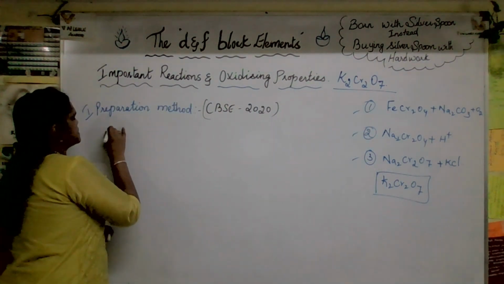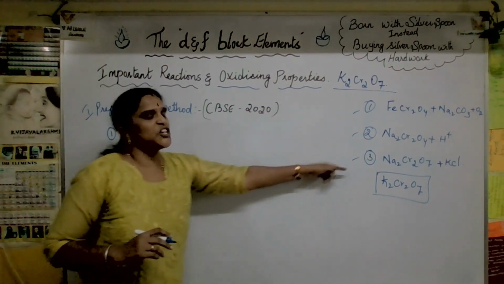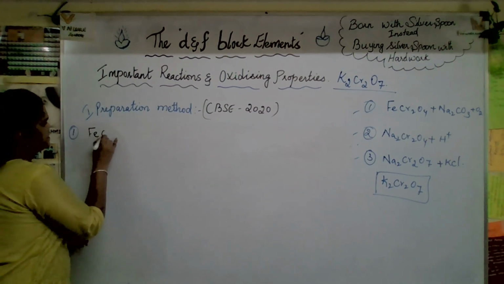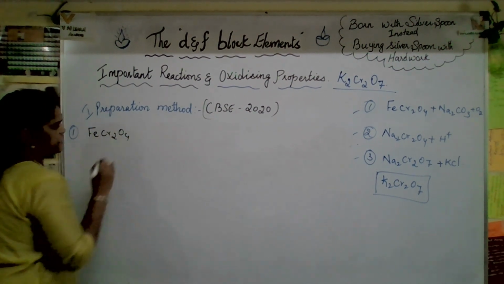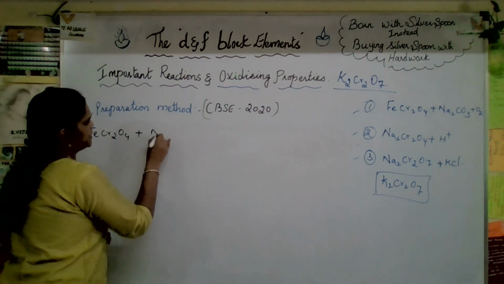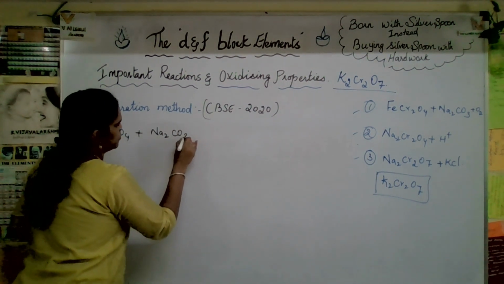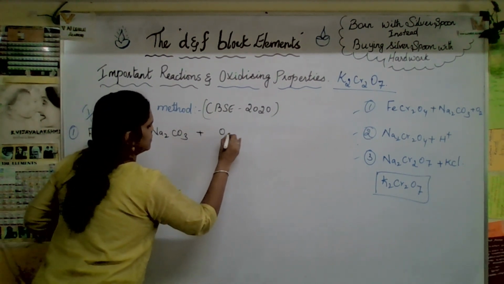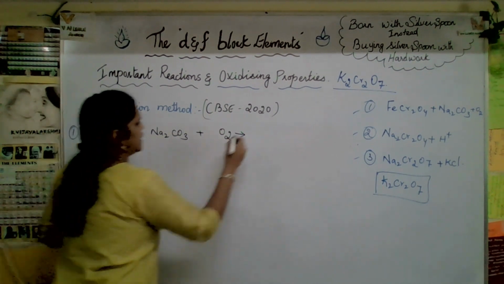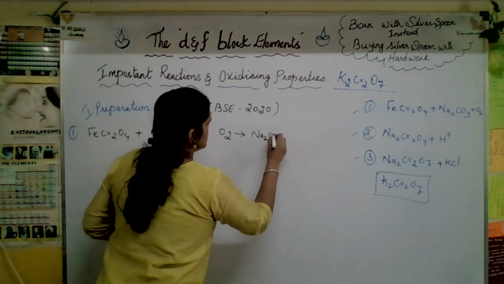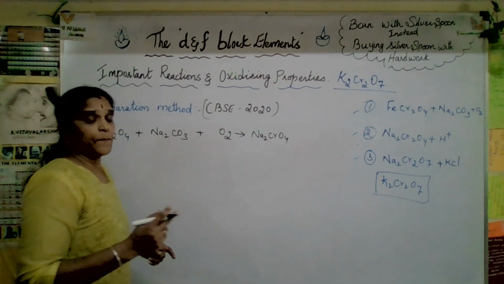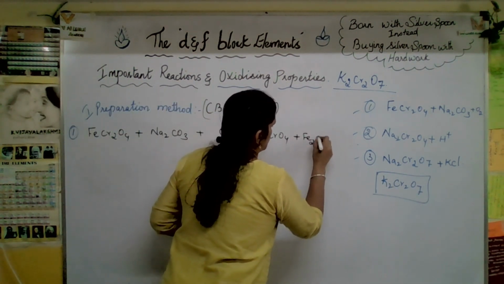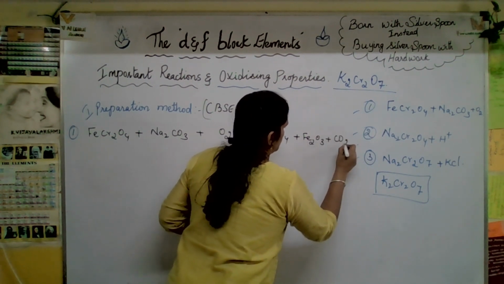Okay, now the first step. As I mentioned, that is the hint for you. When FeCr2O4, that is chromite ore, is combined with Na2CO3, sodium carbonate, with excess of oxygen, that is air, O2, you will get Na2CrO4, sodium chromate, yellowish in color, plus Fe2O3 plus CO2.